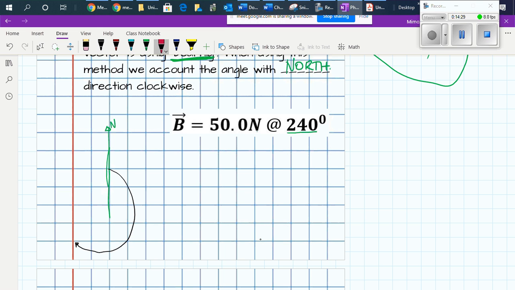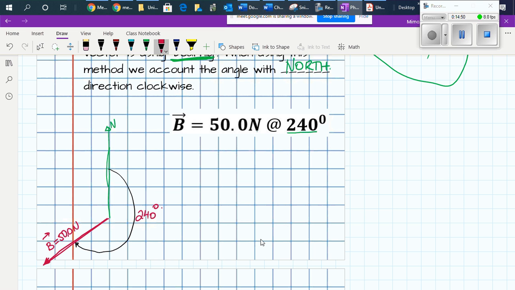So vector B with 50 newtons at 240 degrees of bearing will be this vector here.